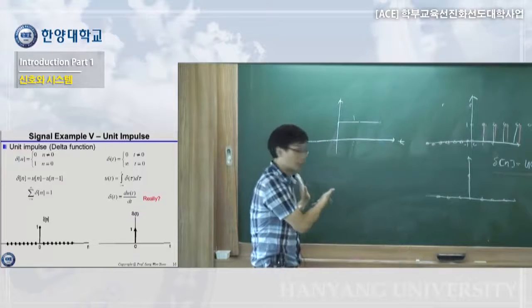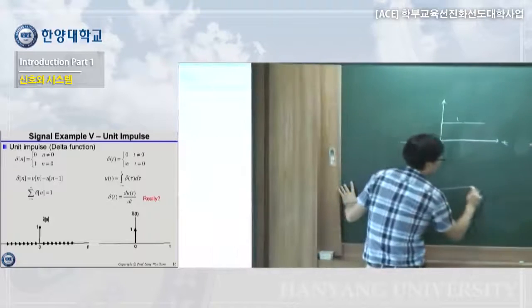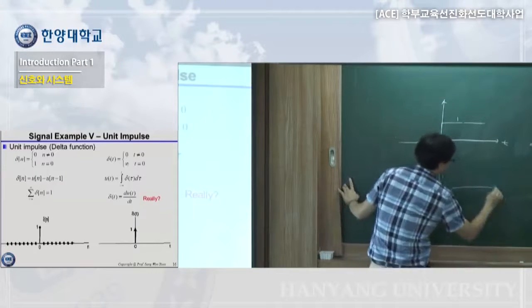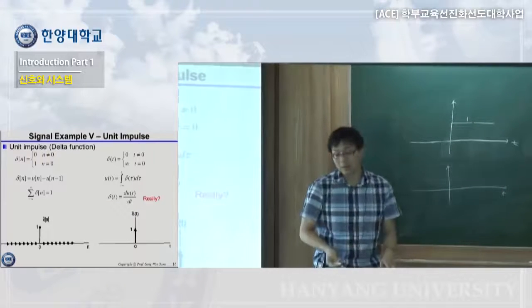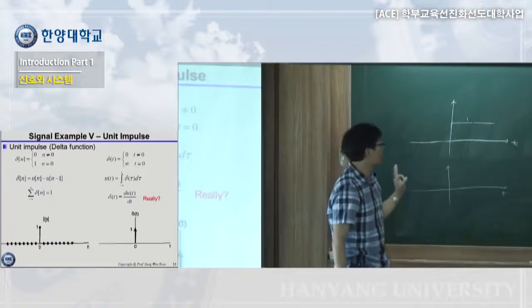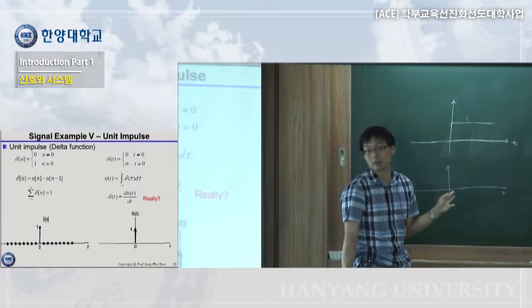In continuous time, we do the same thing. The delta function is given as 0 when t is not 0. They become infinite when t is 0.